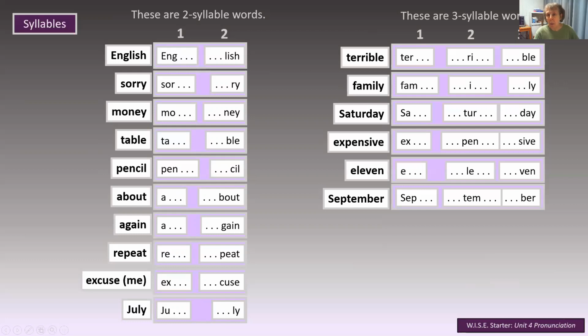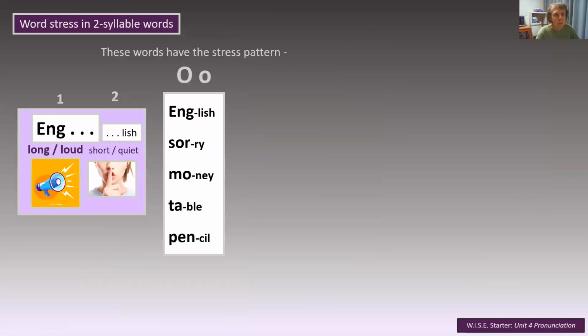These have three syllables: terrible, family, Saturday, expensive, 11, September. These two-syllable words have the stress on the first syllable.